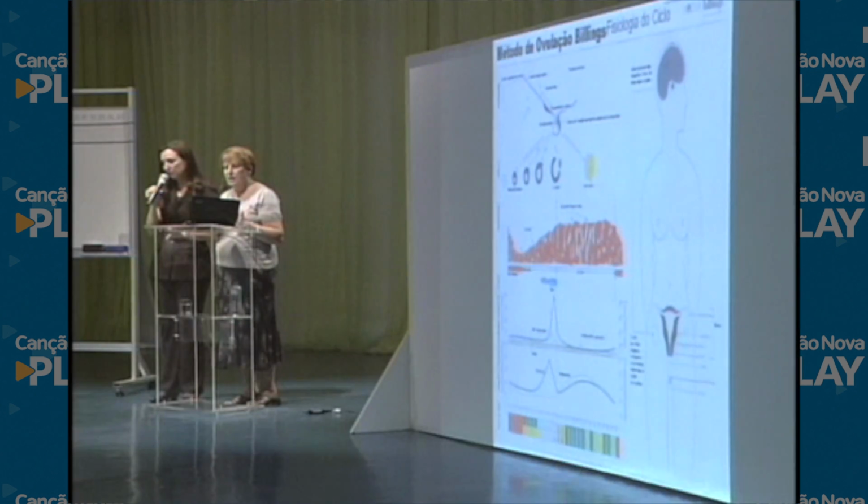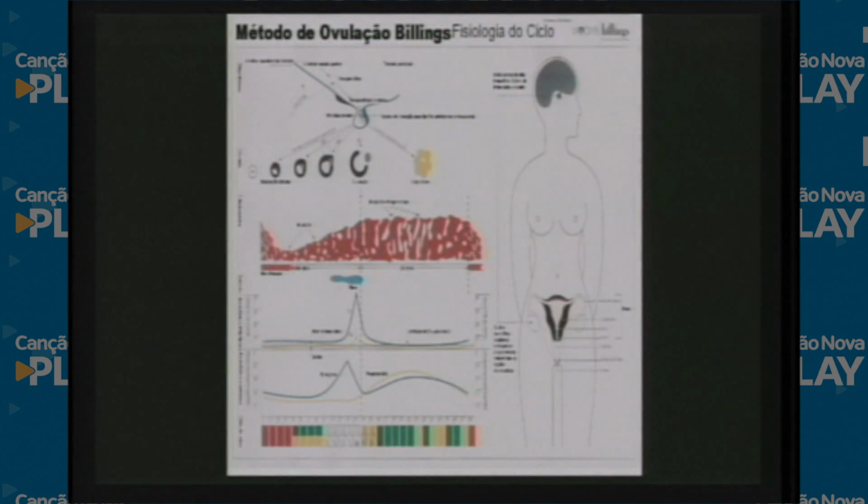You will notice the chart on the bottom of the slide, and that is all the information that the woman has. The woman knows when she is infertile and when she is fertile from that chart.